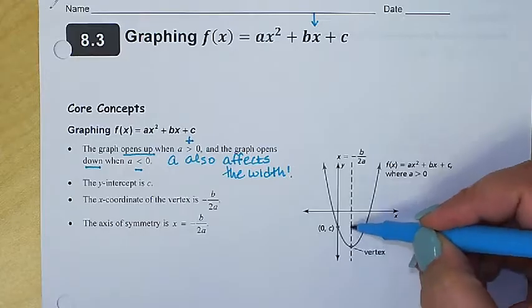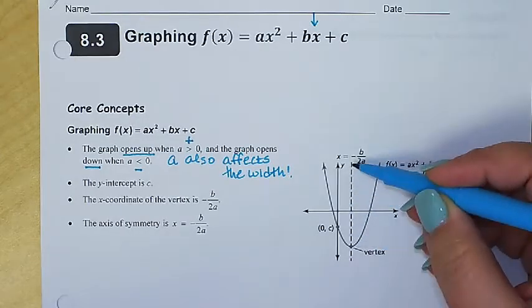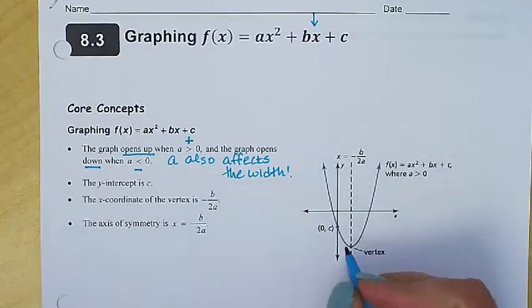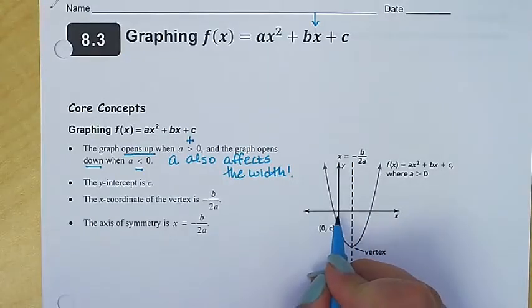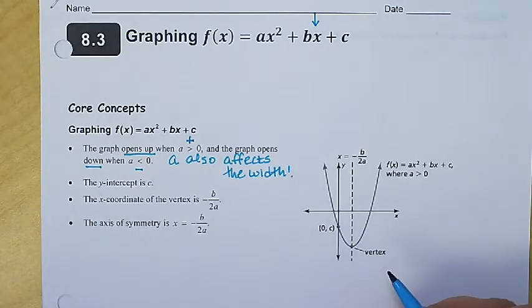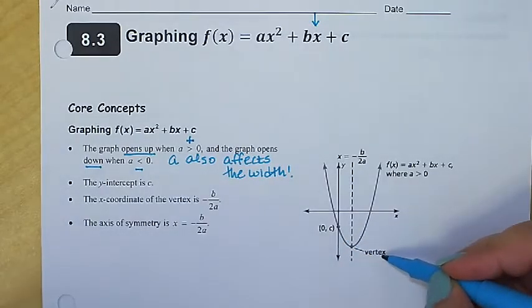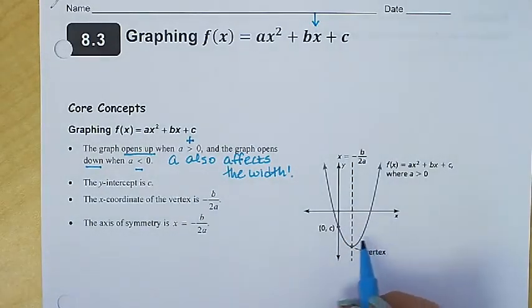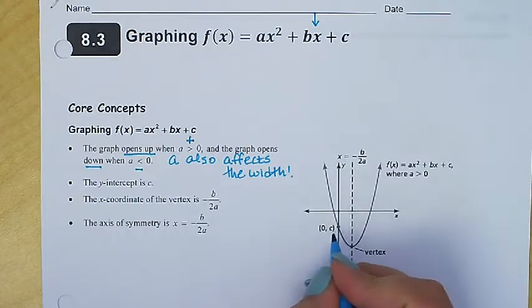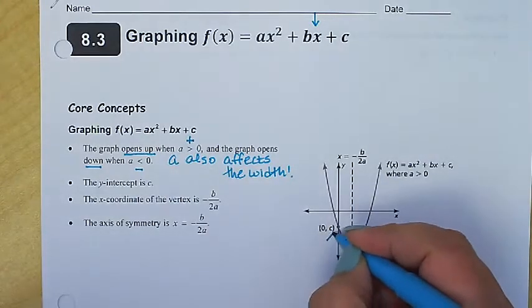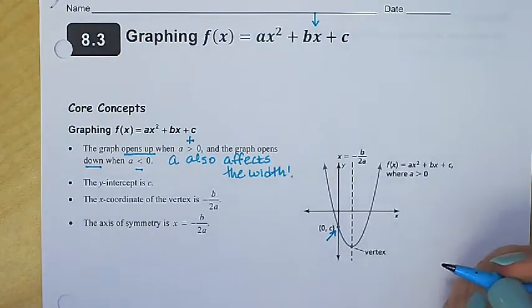Therefore, our vertex is no longer on the y-axis. It's still on our axis of symmetry, of course, but it's not necessarily centered right in the middle of our graph where the y-axis is located. That means c is no longer the same point as our vertex. We'll have a vertex over here, and c will remain as the y-intercept.